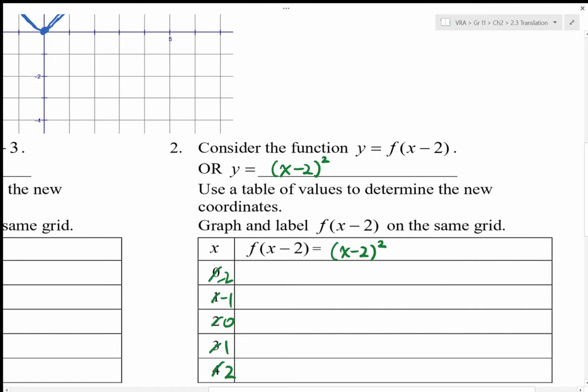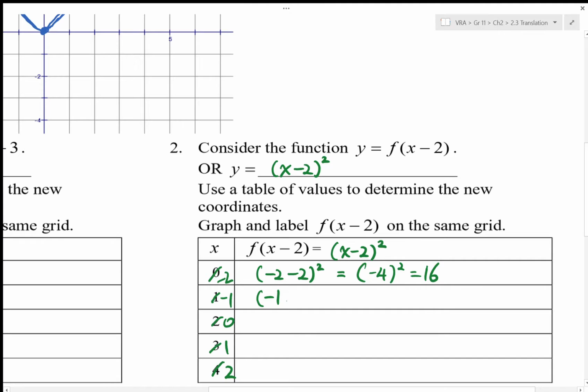Now on your sheet, it should have -2, -1, 0, 1, and 2, okay? So what we're having here is -2 as the original x value, and then -2 minus 2 squared, which gives me 16. That's because it's -4 squared, and that's why it's 16. Same thing goes.